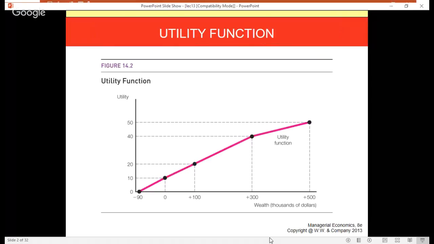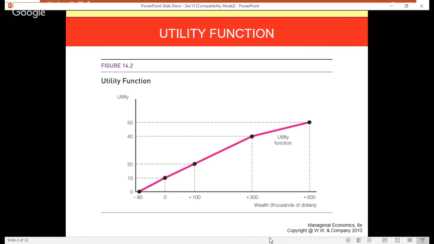I keep doing that, and I get a utility function where on the horizontal axis I have the well outcomes and current, and on the vertical axis I have my utility. Here, if I don't strike oil, I lose 90,000 and my utility is 0. If I get $0, I don't do it, my utility is 10.